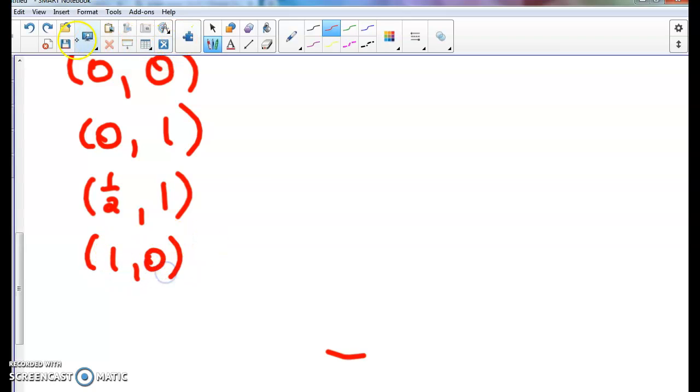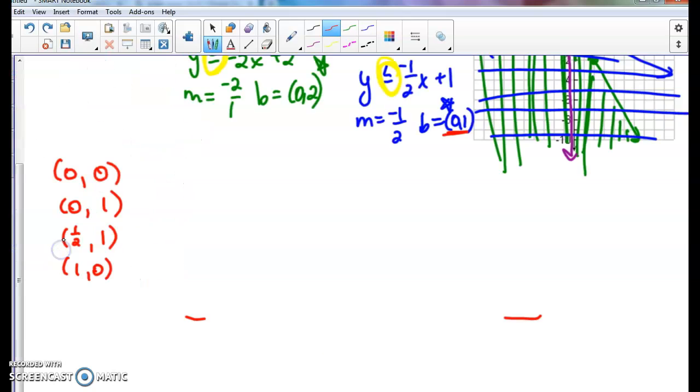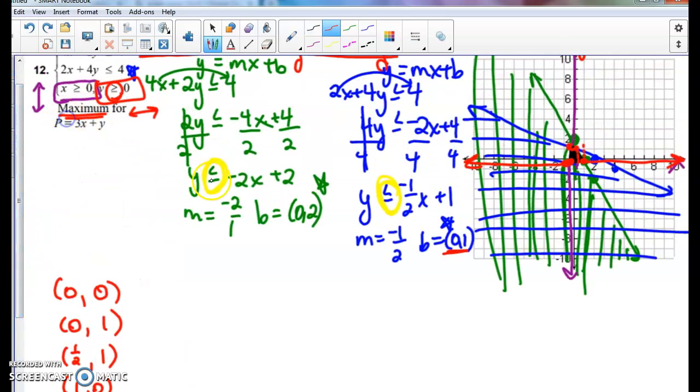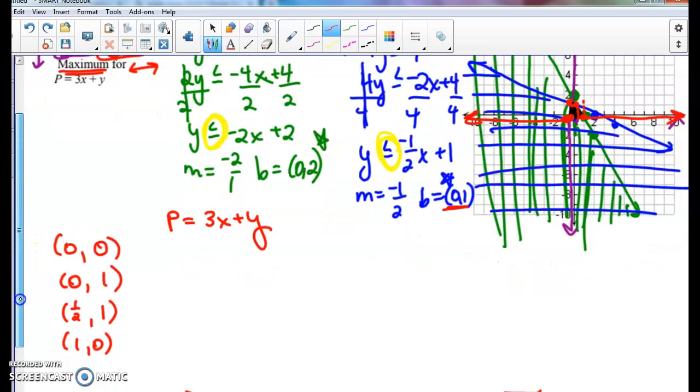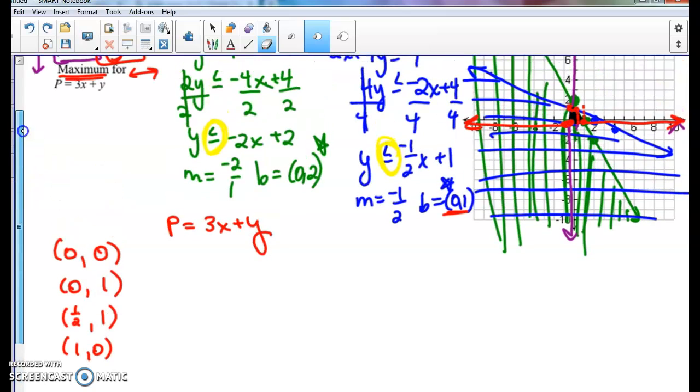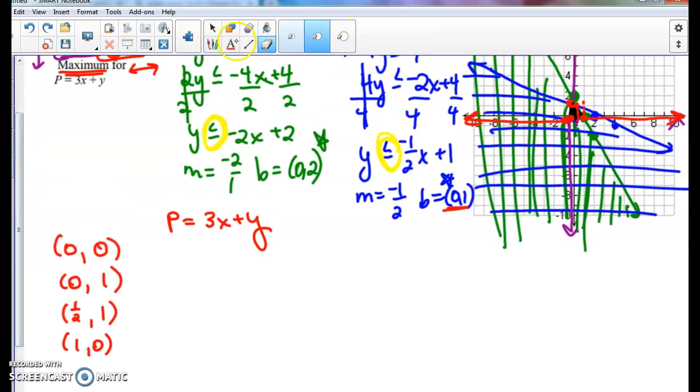Alrighty. Now we'll go back, and it tells us that we want to find the maximum value for p equals 3x plus y. Erase all these little stray marks here. So the maximum, what we're going to have to do first is realize that this is our x value, this is our y, and plug them in.